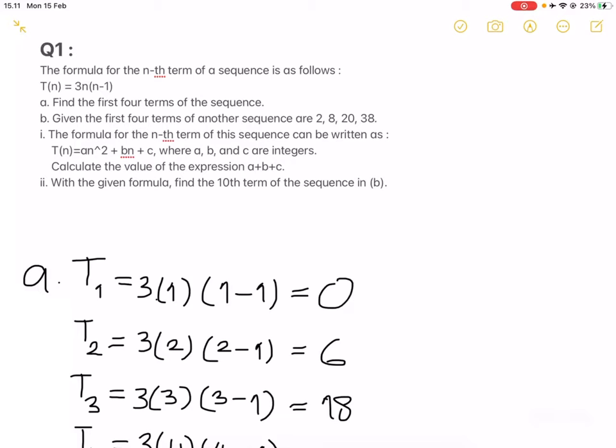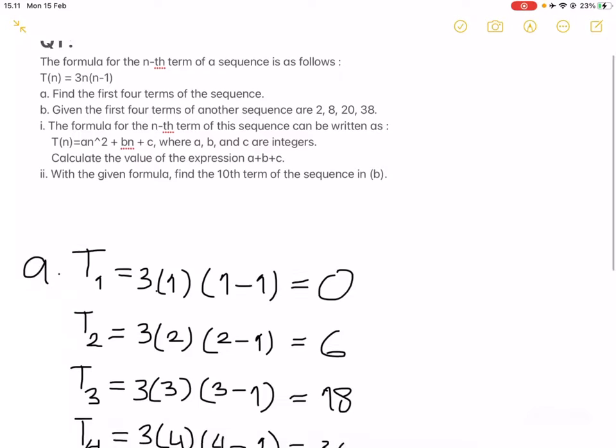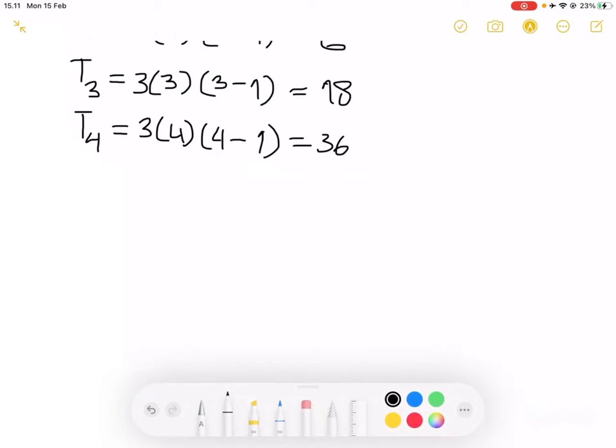And we need to find a plus b plus c, and then for part 2 in part B, we need to find the 10th term of the sequence given in B. So let's start with part 1 in part B.